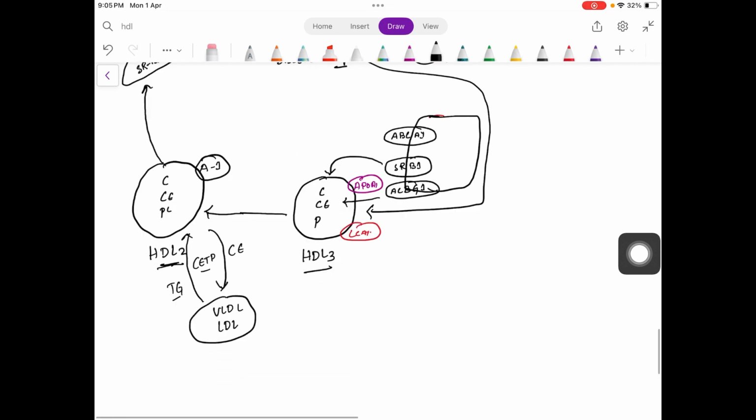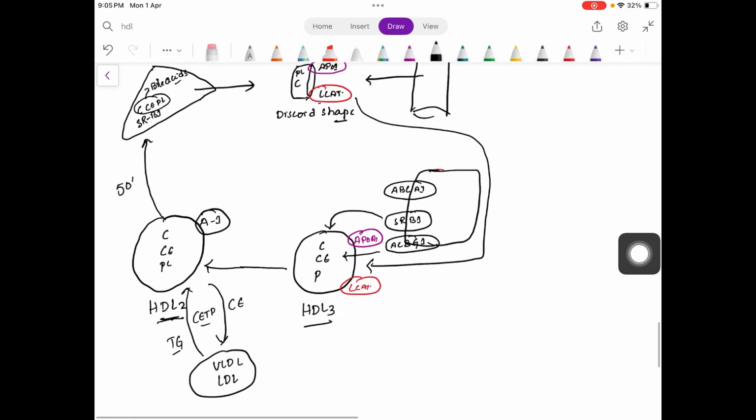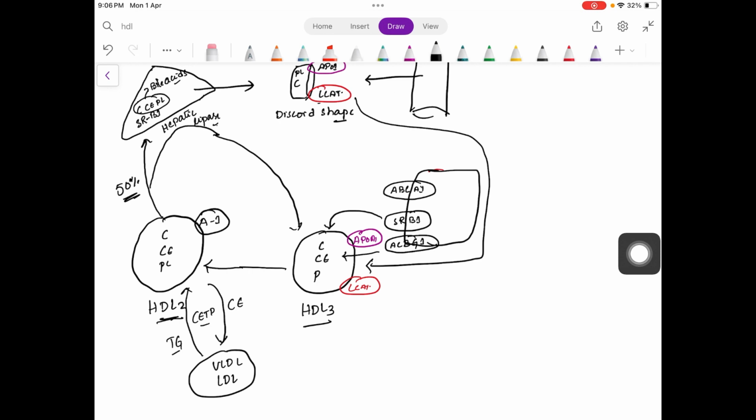Now, 50% of the process will occur through this mechanism. Another 50% will be converted with the help of hepatic lipase. This hepatic lipase will metabolize this HDL2 molecule, because they will have triacylglycerols also.